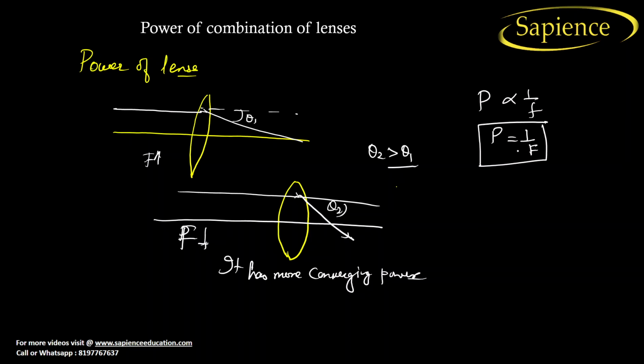More focal length, less convergent, less ability of the lens to change its path, but less focal length, more bending capability it has. That's why power is inversely proportional to the focal length. Now we will discuss the combination of the lenses. So there are several lenses. Let us consider we take two lenses.